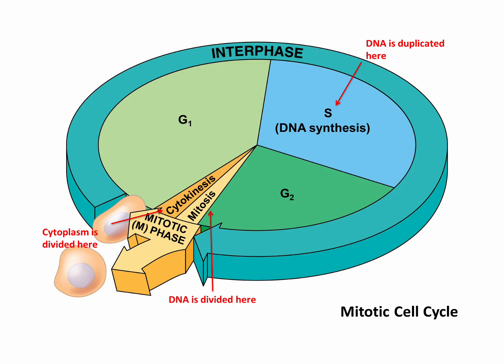And then once DNA is duplicated, it's going to undergo another growth period. This is the G2 phase of the cell cycle. Then the process of mitosis will begin, where the DNA that has been duplicated is now going to be divided among two cells.